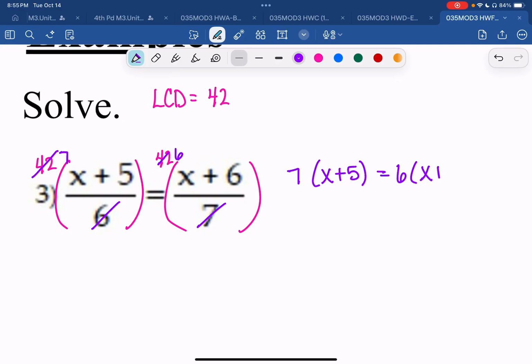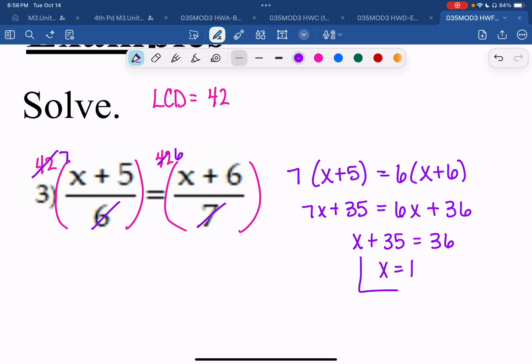So 6 times x plus 6. Now we simplify and solve. So 7x plus 35 equals 6x plus 36. I'm going to subtract 6x. So x plus 35, goodness, equals 36. Subtract 35, so x equals 1. Again, I would check to make sure I don't have a 0 in the denominator, and I don't, so I'm okay.